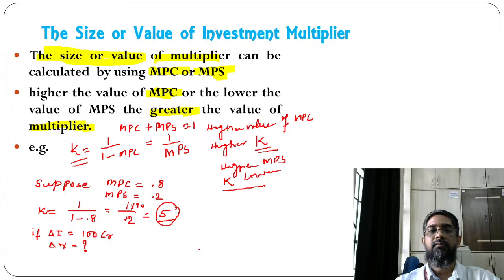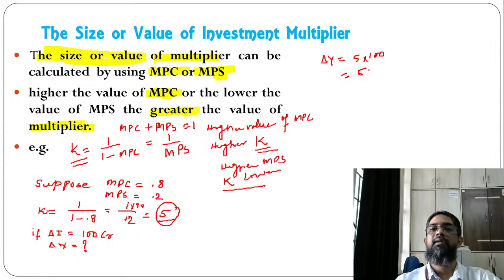Very simple calculation. So you see, simply delta Y is equal to k times investment, where the value of k is 5 and investment is 100 crore, multiplied by 5.